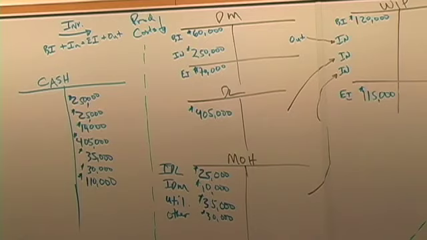Okay, so which T accounts is it going to go into? It's an expense. Why would it go on the income statement? Depends on what type of an expense it is.